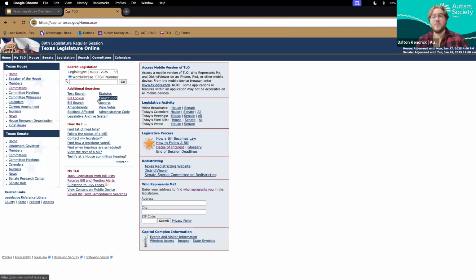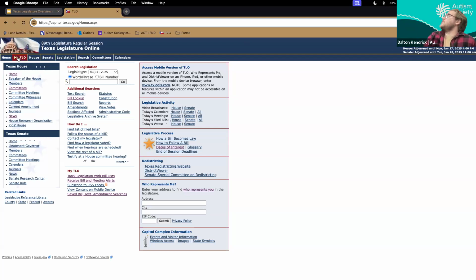It is 100% free to use, which is fantastic. You do have an option to make a login, which you'll have to do in order to track things and create alerts. Other than that, when you open it, this is what it'll look like.